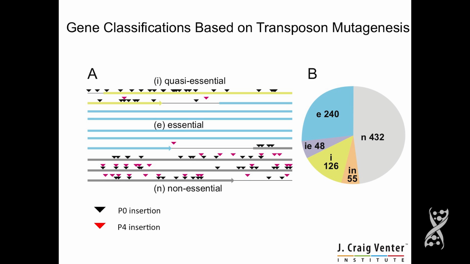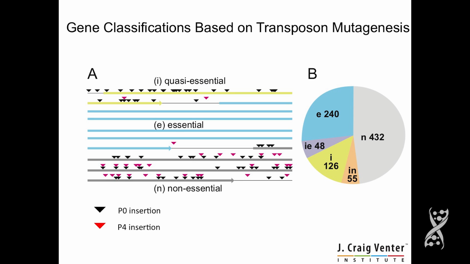Non-essential gets hit by both libraries, typically very heavily. And then the quasi-essential group are the ones that have a defect in growth caused by the insertion. And they show up in the first library, but are lost when you grow for several generations.